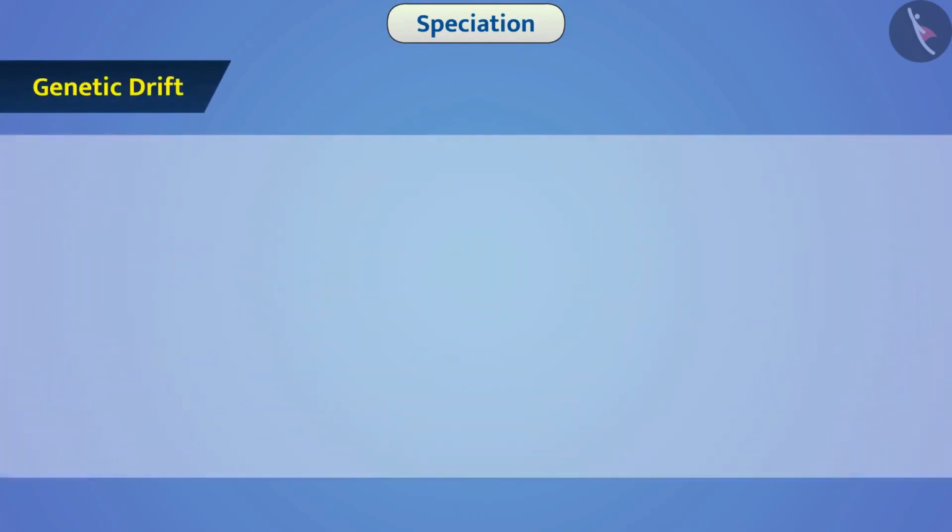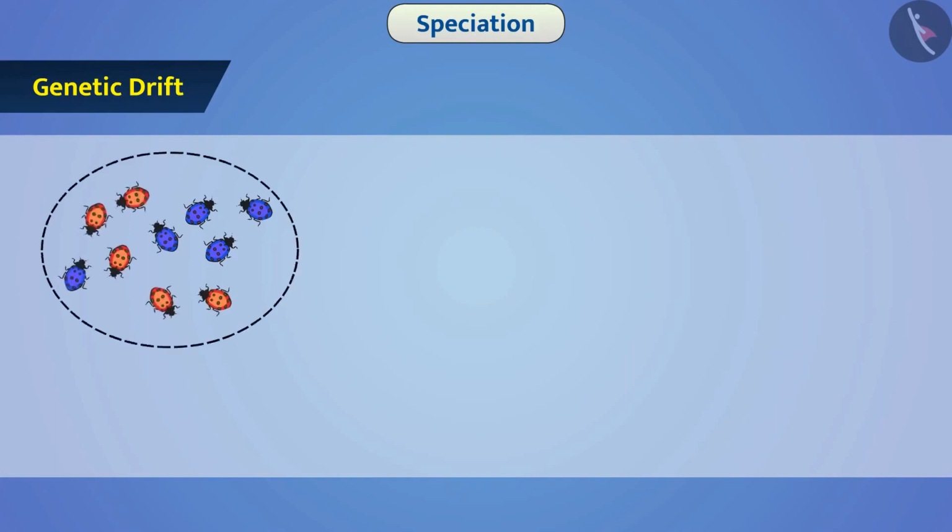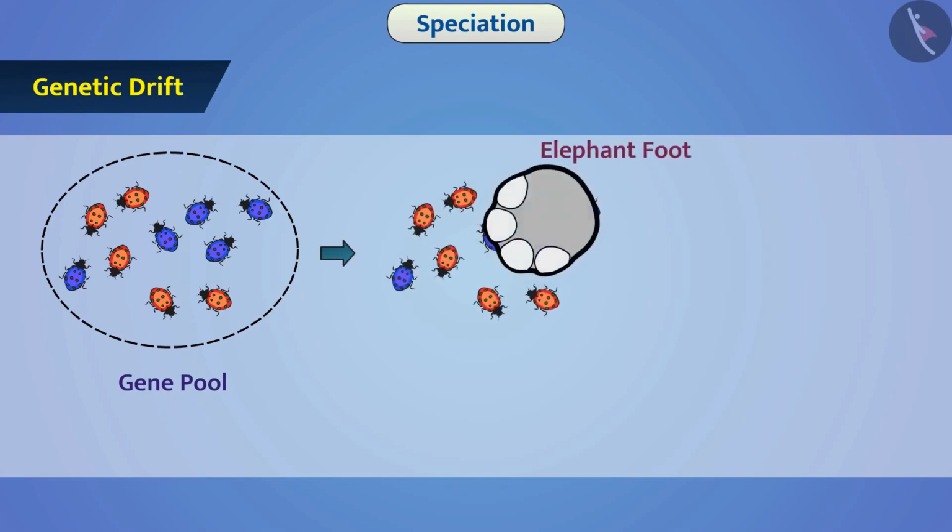Genetic drift. In the population of an organism, there are different alleles for any trait. The set of alleles present in the organisms of a species is called its gene pool. Due to events like natural calamity, there are changes in the frequency of alleles which happen solely by chance. We call it genetic drift.